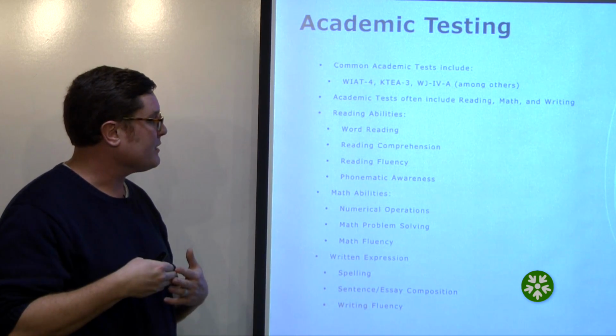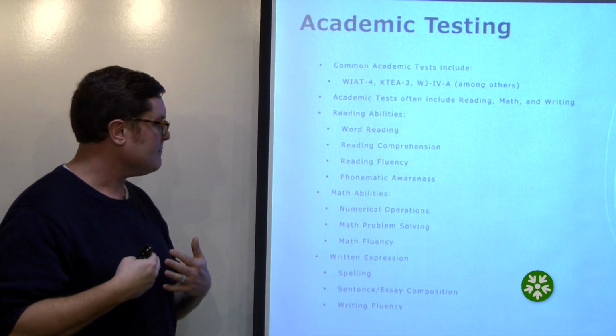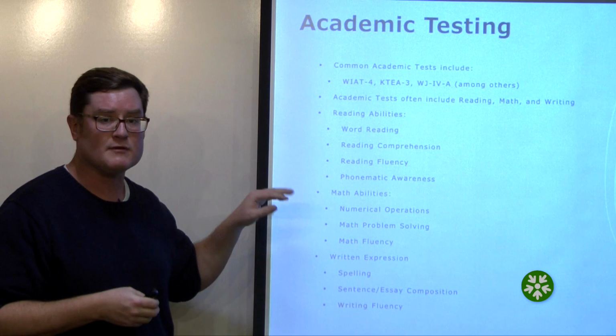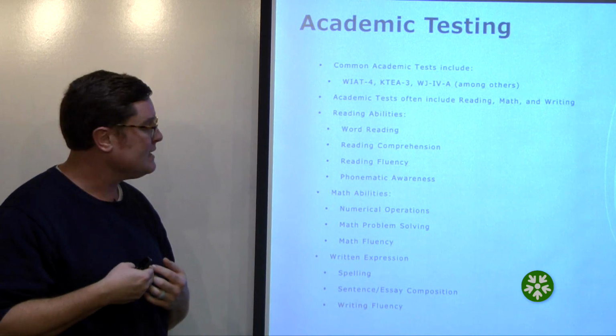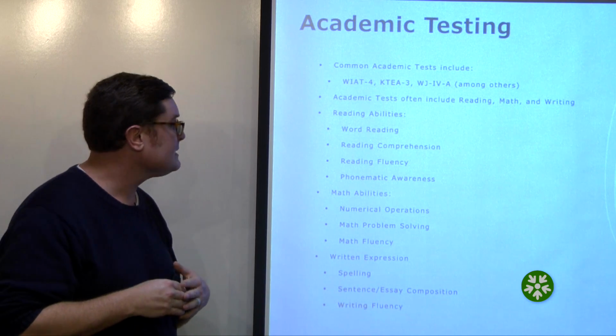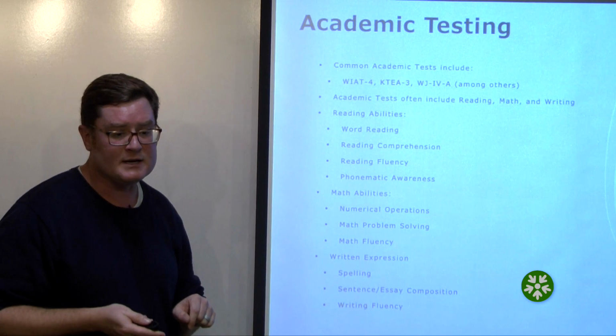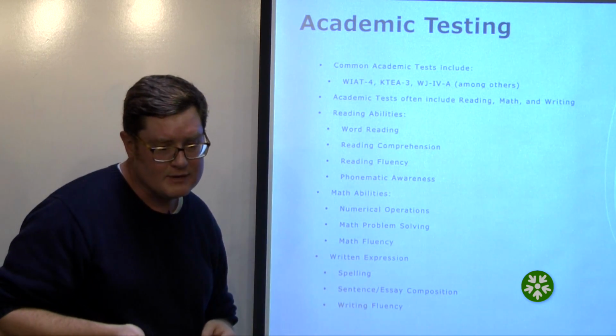So, with reading, we will be doing word reading and reading comprehension, reading fluency, which just means reading speed, phonemic awareness or phonics abilities, and then the math and writing are also broken down into different sub areas.